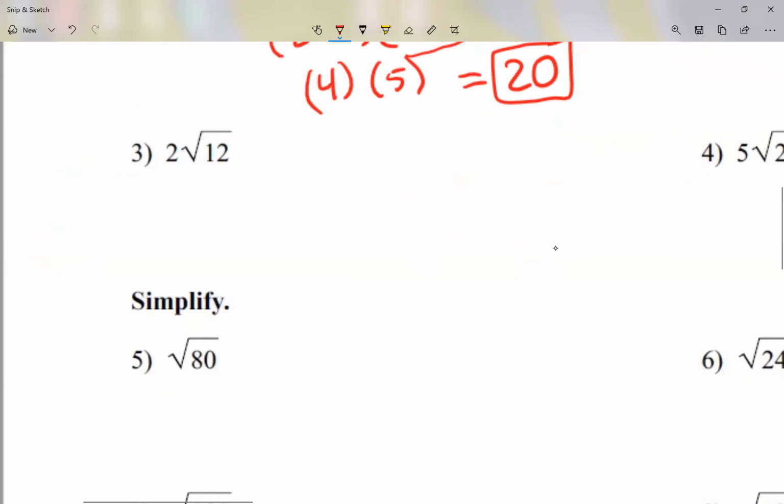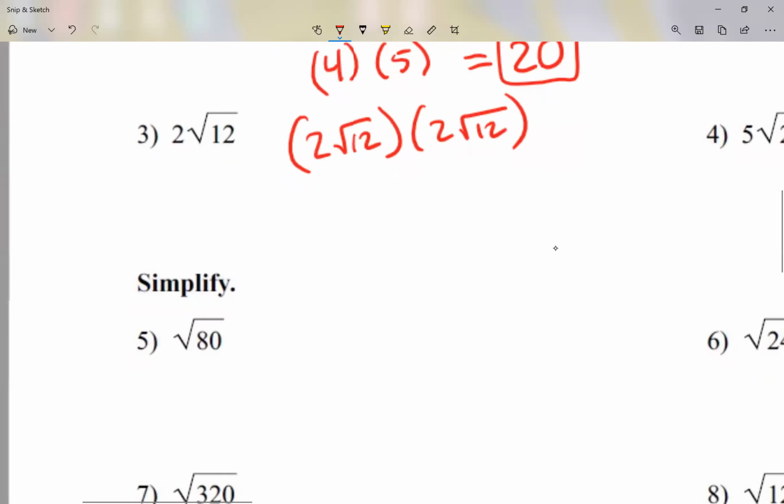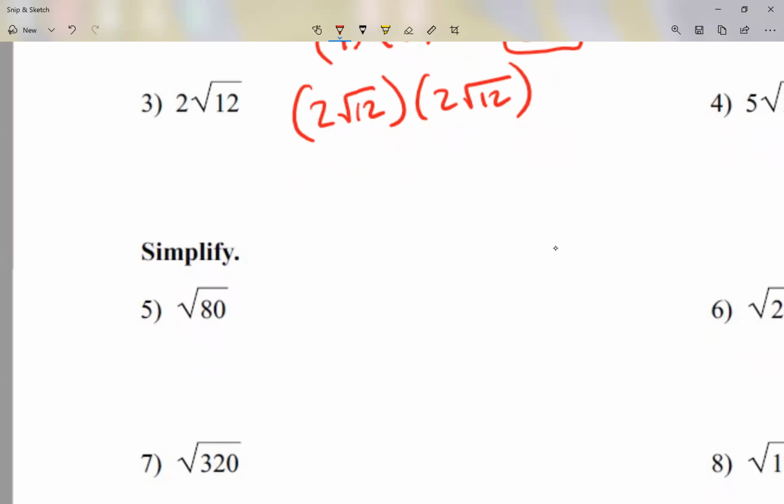Let's take a look at question number 3. I'm going to have 2 square root of 12. Let me put that inside of parentheses, times 2 square root of 12, because I'm squaring it. What I'm going to do, like I mentioned earlier, whole numbers with whole numbers. So 2 squared. And then radicals together, square root together.